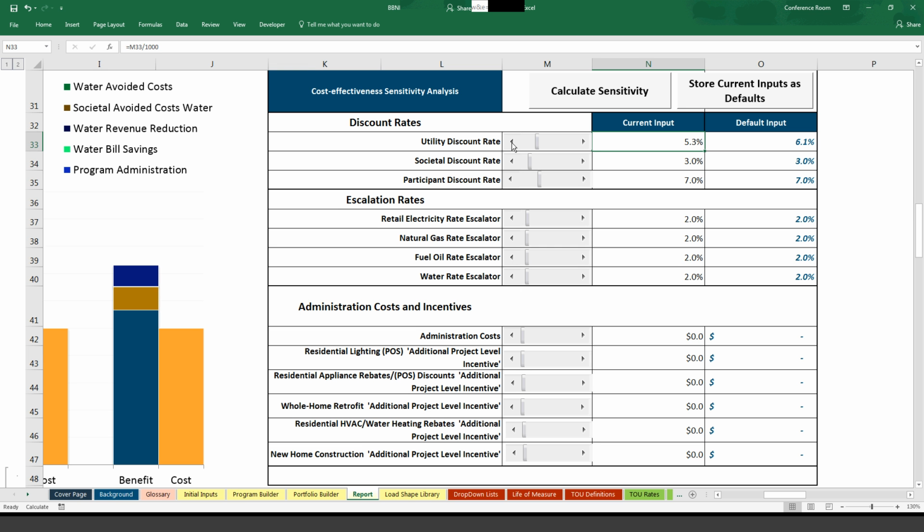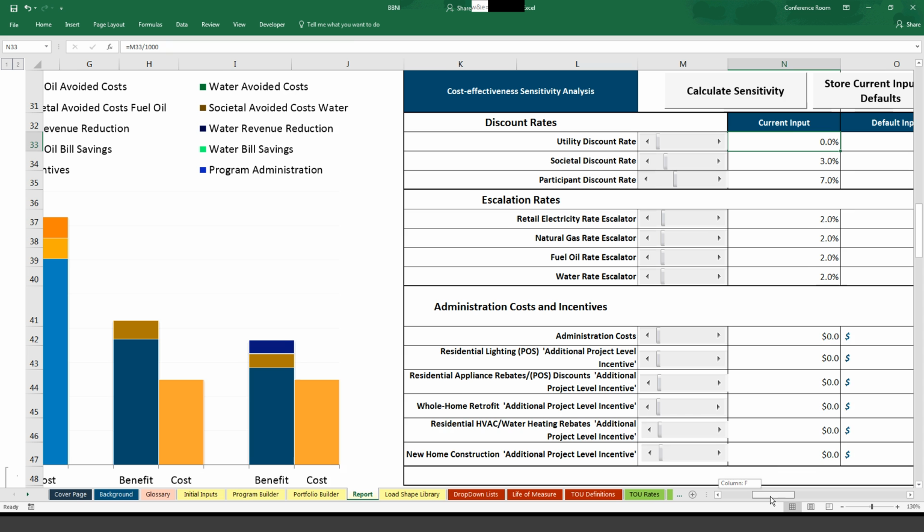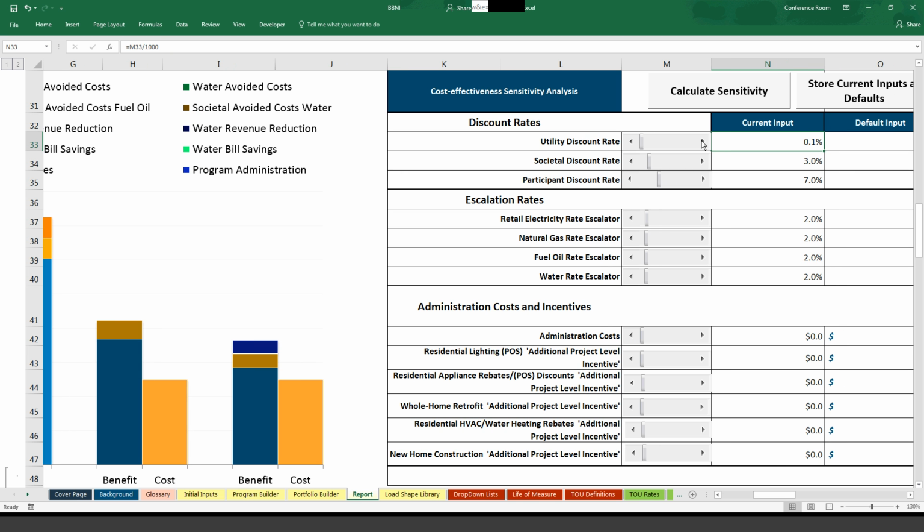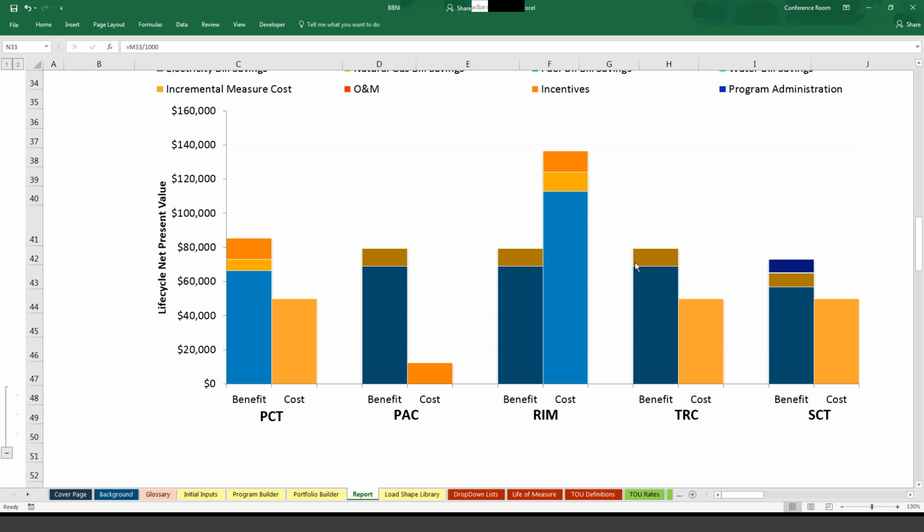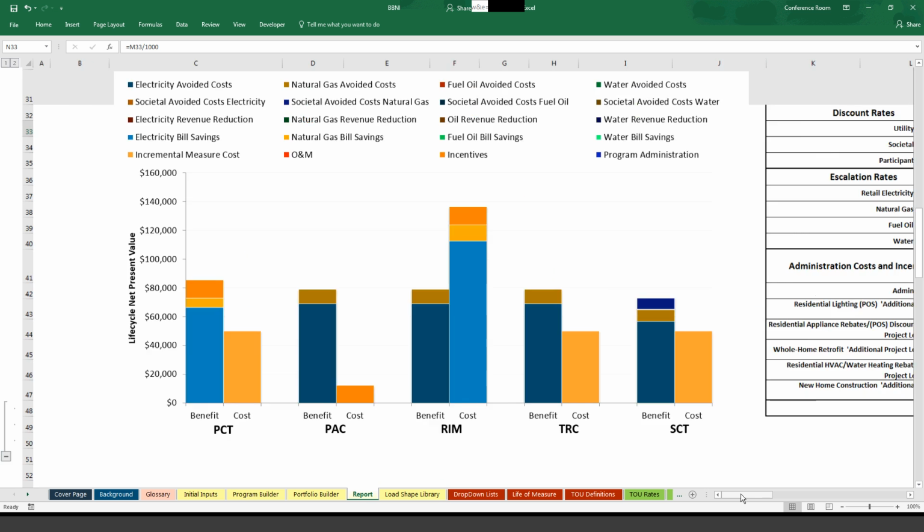And so you can either click slowly with the slider or move it fast with the bar, and you'll see, as we make that utility discount rate lower, a lot lower, you'll see the bar charts over here updating, and you recall before our TRC was 1.03, and now, with a very low discount rate, we've made it significantly more cost effective, for example.